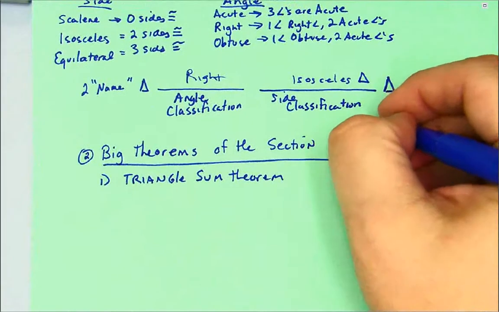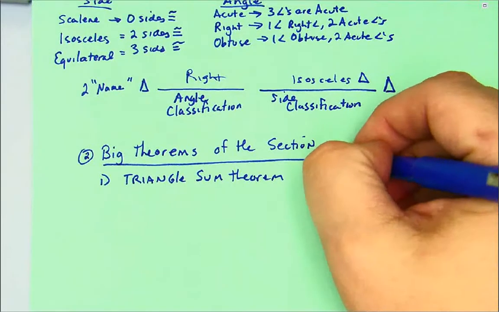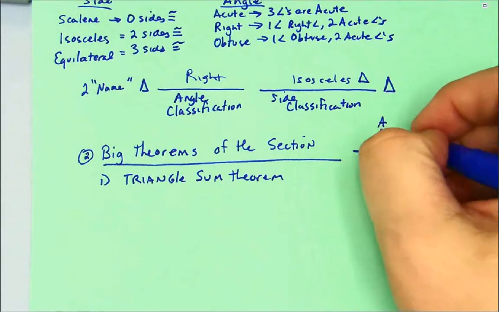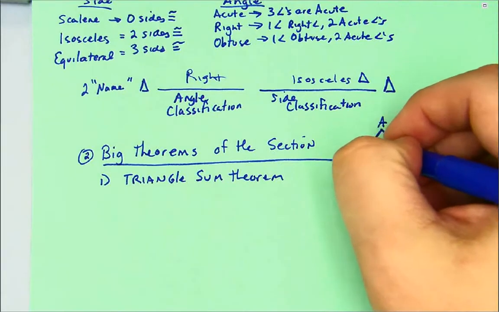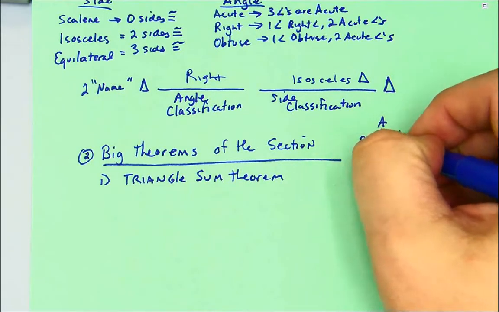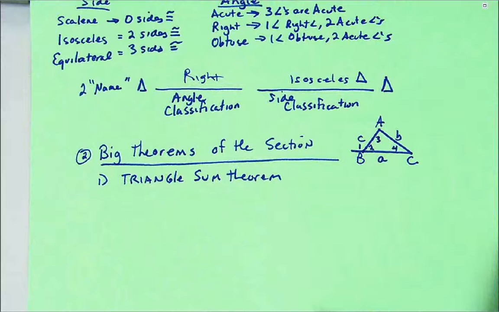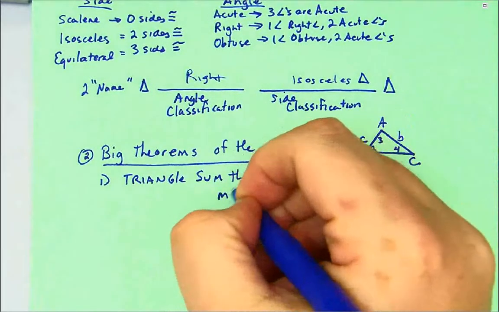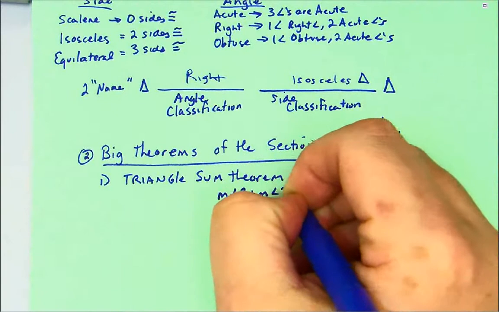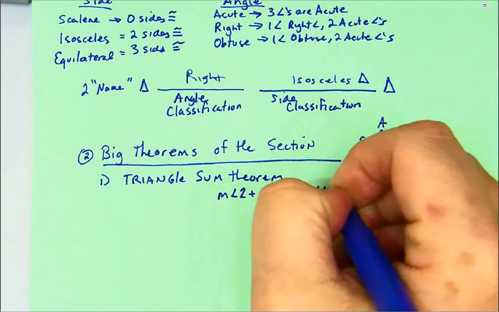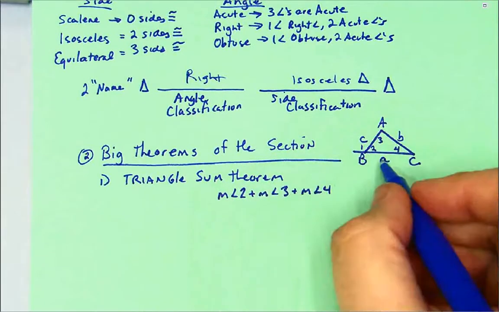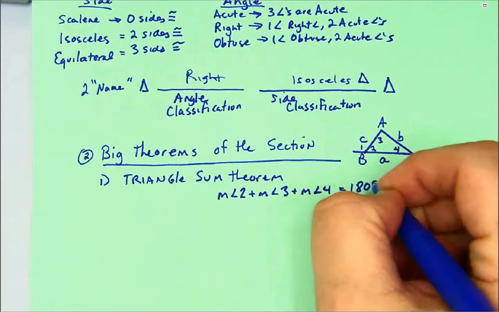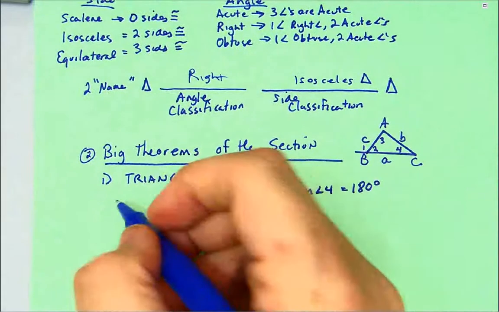And we'll call this A, B, C. Where this is A, that's B, that's C. It's angle 1, 2, 3, 4. The triangle sum theorem says add up the angles. Measure of angle 2 plus the measure of angle 3 plus the measure of angle 4. These are all the interior angles, 2, 3, and 4. Add them up, you get 180 degrees.